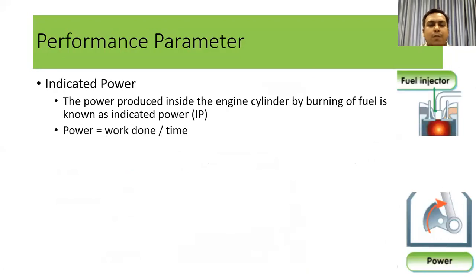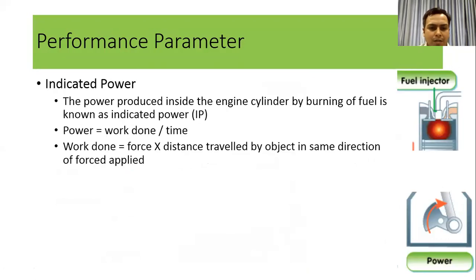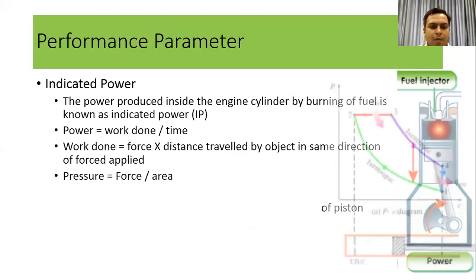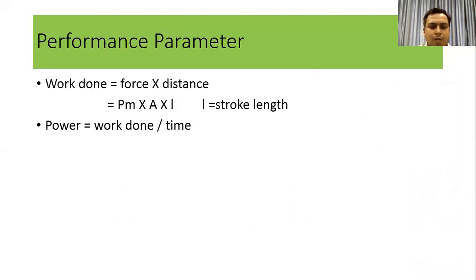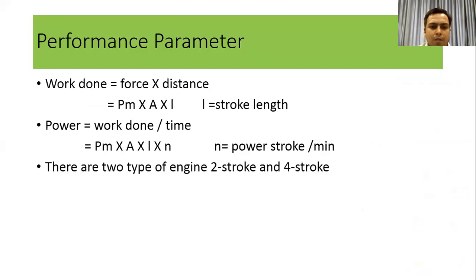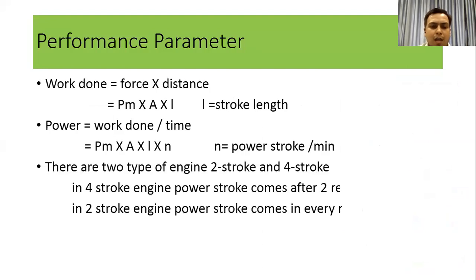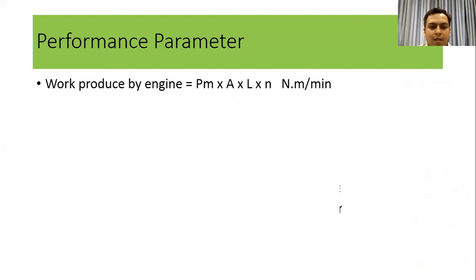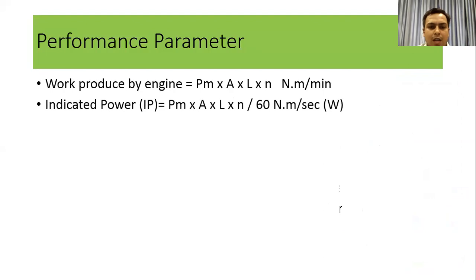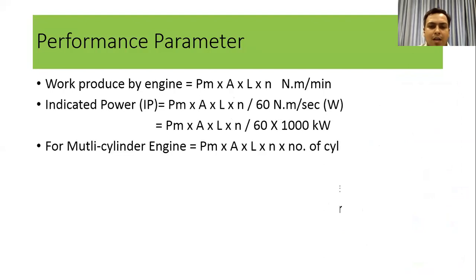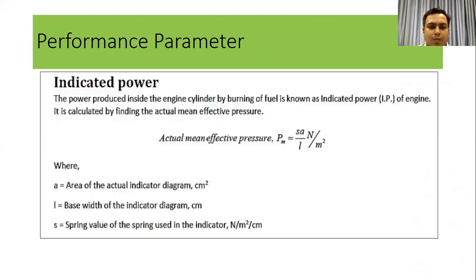Indicated power means the power generated at the top of the pistons inside the cylinders. Then we derived an expression for the calculation of indicated power, which equals P mean L A N divided by 60,000, and N has two different values. N equals N for two-stroke engines, and N equals N by 2 for four-stroke engines. And if your engine is a multi-cylinder, then again you need to multiply it by the number of cylinders.